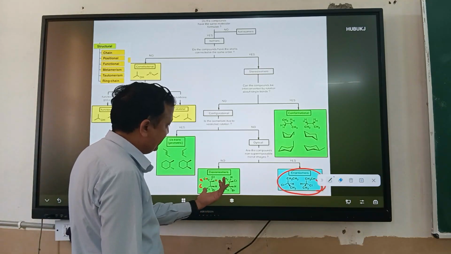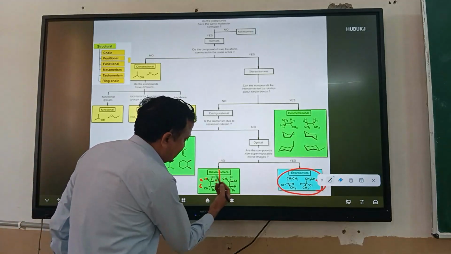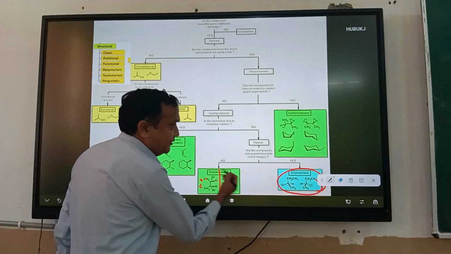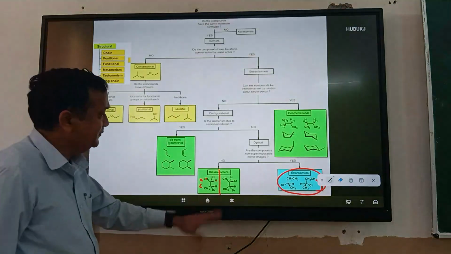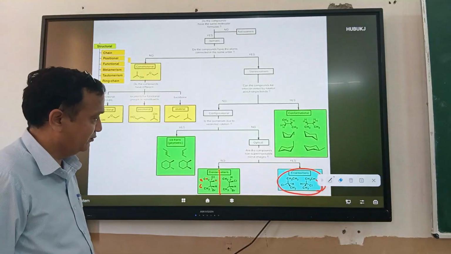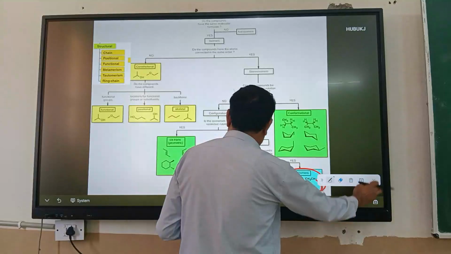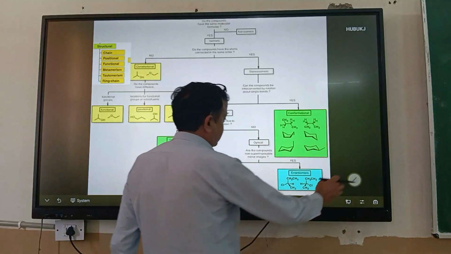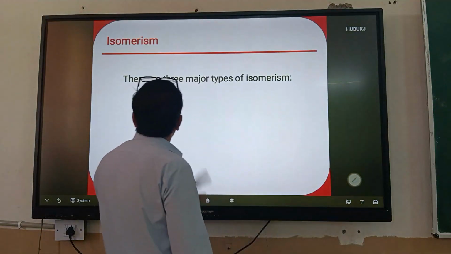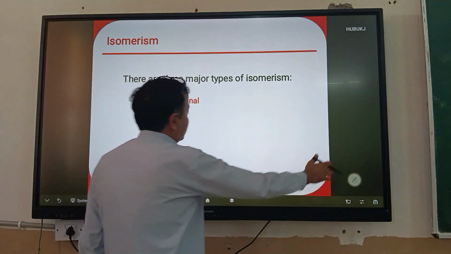But these are different. If I put a mirror at the center, this compound will not be a mirror image, but they have the same molecular formula. Such isomers which are not mirror images of each other are known as diastereomers.